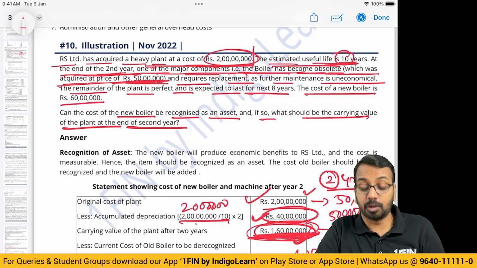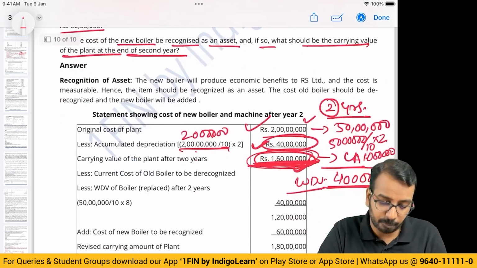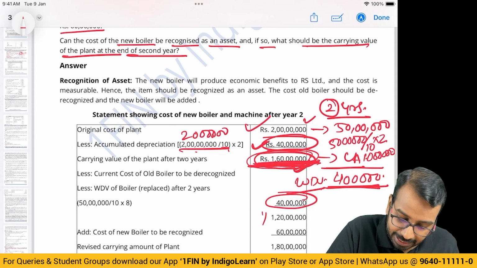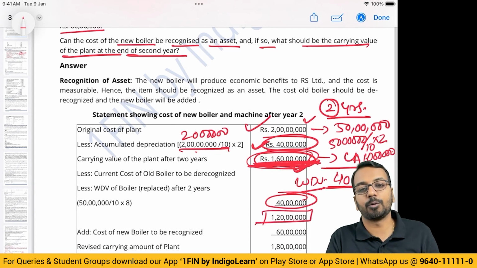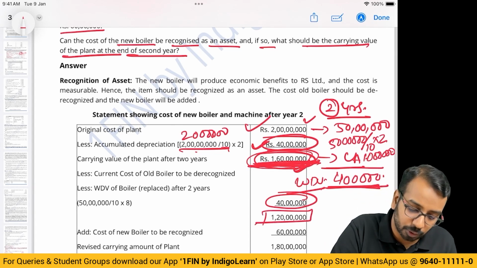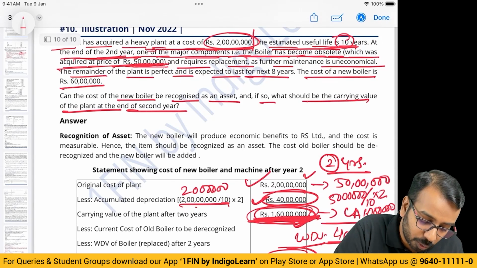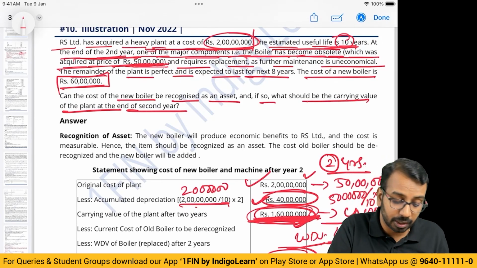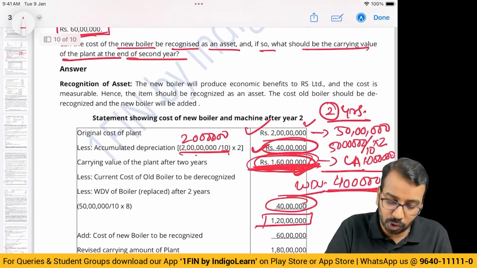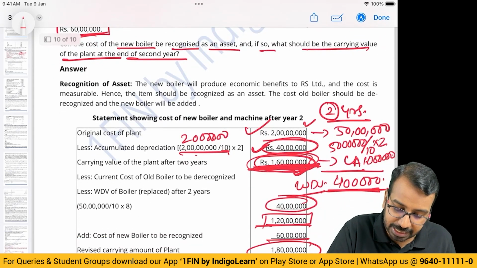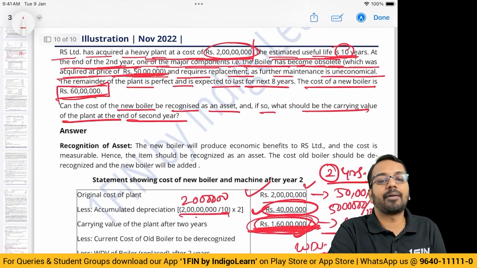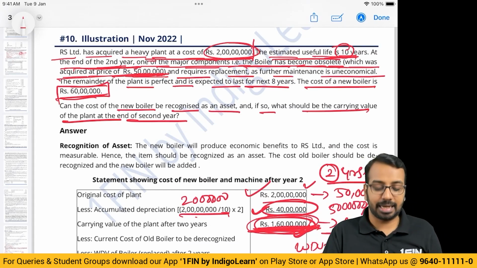If WDV of the boiler is 40 lakhs, then from this 160 I will remove this boiler, and now my balance amount is 1 crore 20 lakhs. On this 1 crore 20 lakhs, can I capitalize the cost of the new boiler? Yes, I can capitalize the cost of the new boiler, which is 60 lakhs. So 120 plus 60 lakhs, I get 1 crore 80 lakhs. Now this will be the value of the plant at the end of the second year.